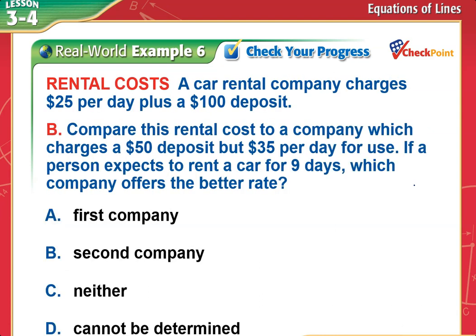Okay. Compare this rental cost to a company vehicle charges $50 deposit but $35 per day. If a person expects to rent a car for 9 days, which company offers the better rate? Pause your video and try this question. It looks like the first company has a better rate.